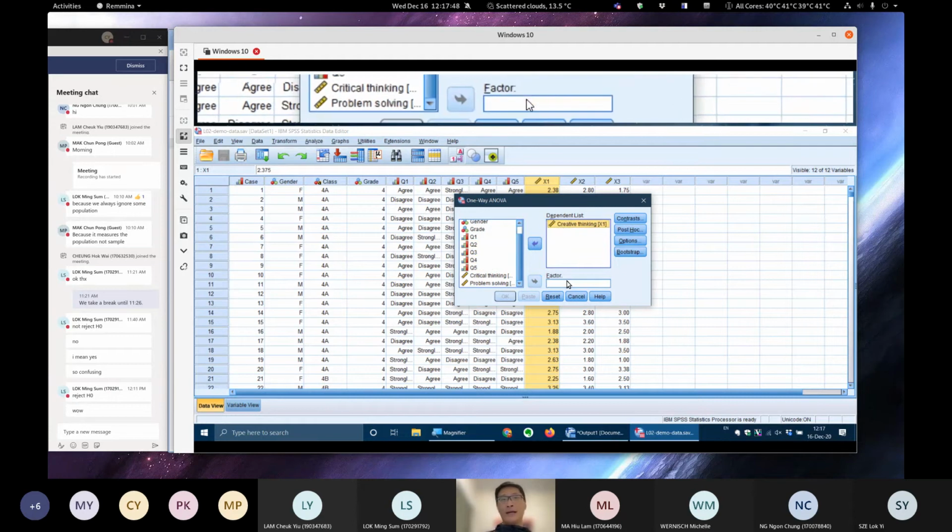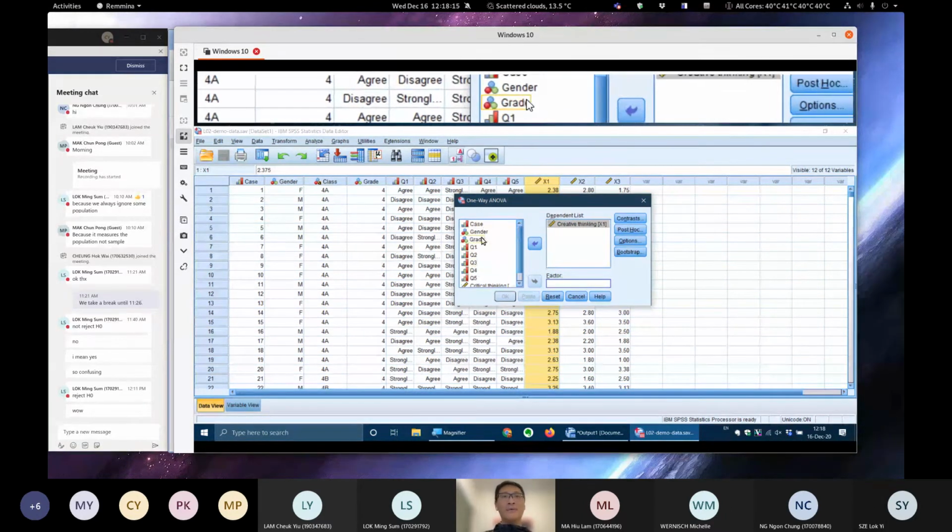Now, similar to the independent samples t-test, we need to specify the grouping variable. But this time, the grouping variable has another name. This is called the factor. I don't know why they don't use the same name, but anyway, might be because different engineers are writing the different procedures. So they are kind of inconsistent with each other, but it doesn't matter.